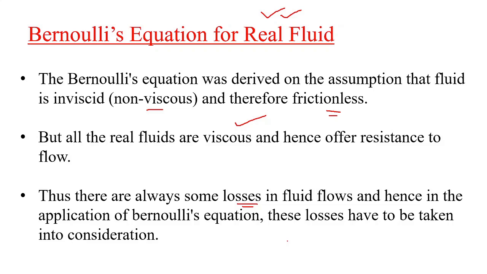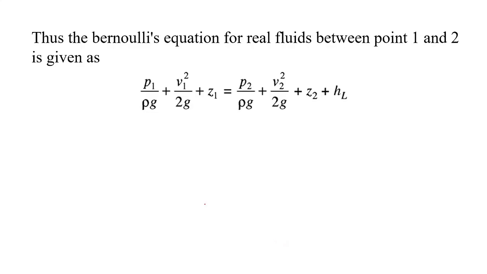This is also called the modified Bernoulli's equation. So Bernoulli's equation for real fluid is also called the modified Bernoulli's equation. Thus, the Bernoulli's equation for real fluids between point 1 and 2 is given as follows. If we take this system where a fluid is flowing, I'll take this as point 1 and this is point 2.